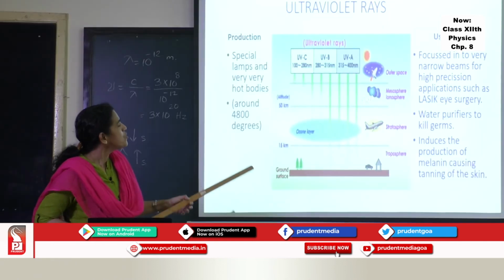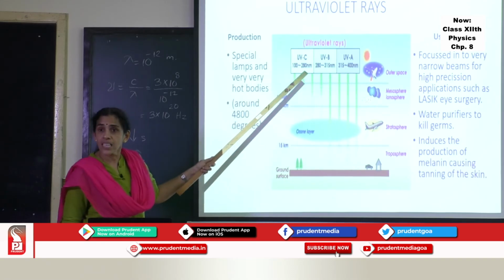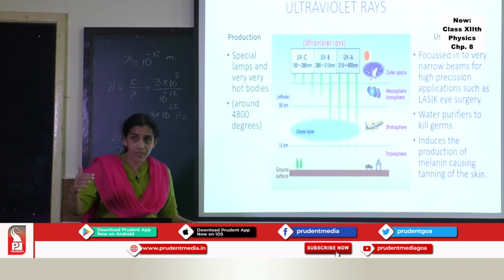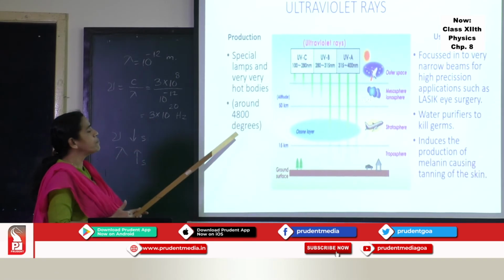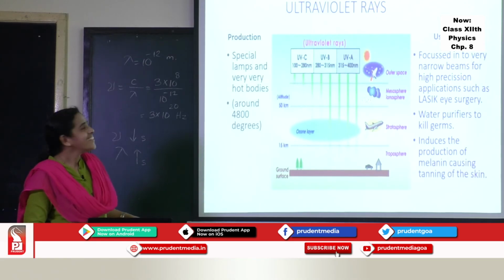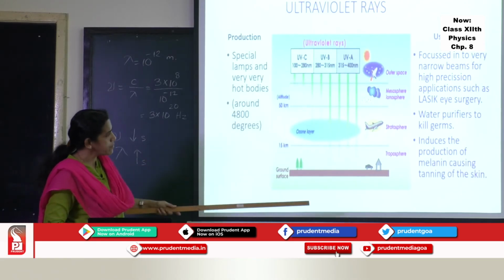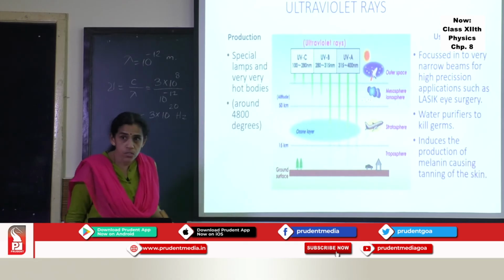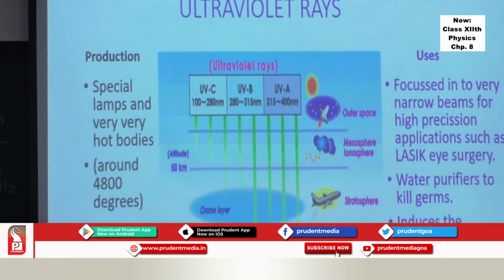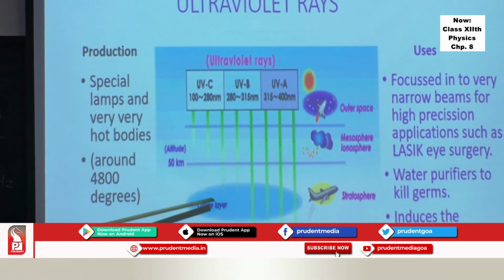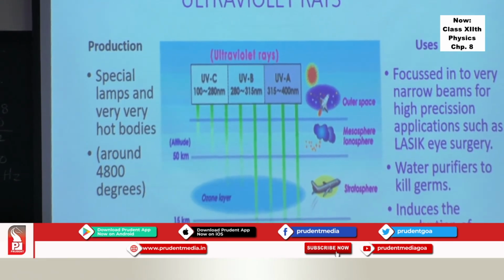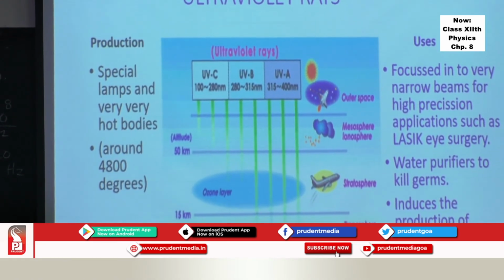Okay. Now, this shows what? Ultraviolet rays coming from the sun. See, the sun emits ultraviolet rays because of its temperature. Now, as it is coming, these are the layers of the atmosphere. This ozone layer blocks the ultraviolet rays.